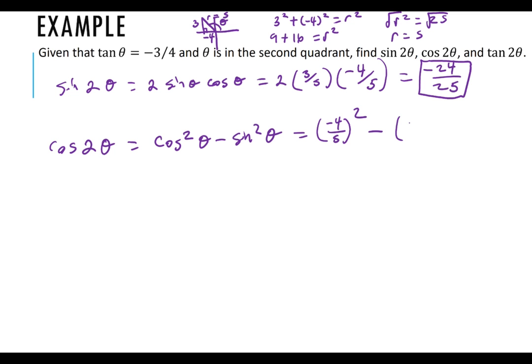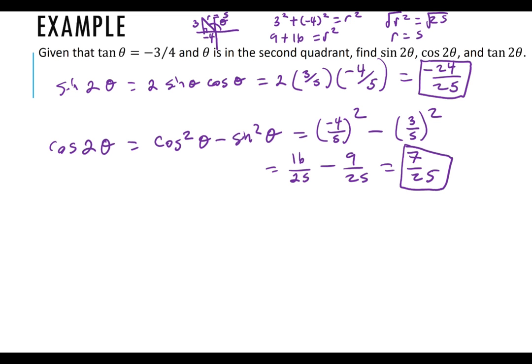So that's going to be 3/5 quantity squared. I then get that this is 16/25 minus 9/25. And 16 minus 9 is 7, so 7/25. Check to see if it will reduce, but it won't, so 7/25 is really cosine of 2 theta.